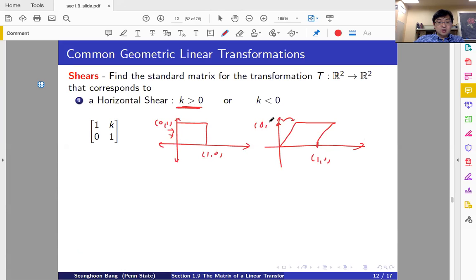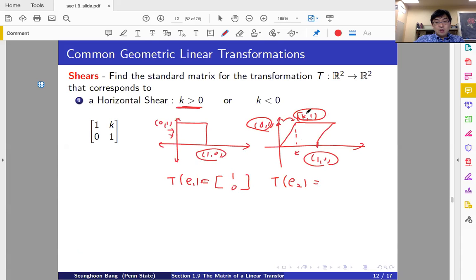This is (0, 1), moved by positive K, so we have (K, 1). So T(e1) doesn't change, so we have (1, 0). What is T(e2)? Here, (0, 1) is moved to (K, 1). So the answer is T(e1) is (1, 0), T(e2) is (K, 1).